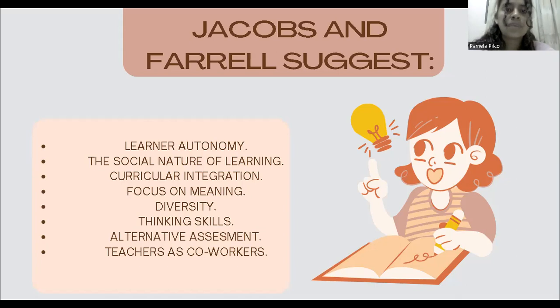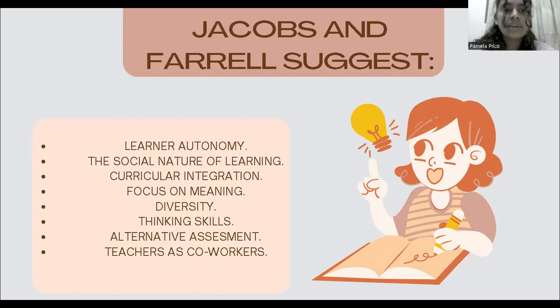We need to innovate this and try different methods, different ways to evaluate the knowledge of our students, because not everything is just multiple choice quizzes. We have more options that we need to discover or even to create.